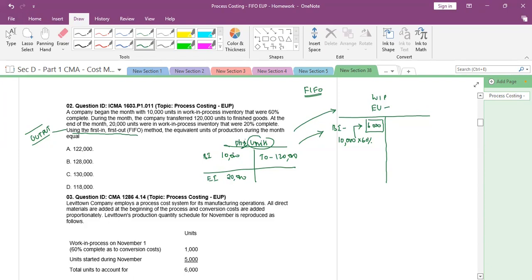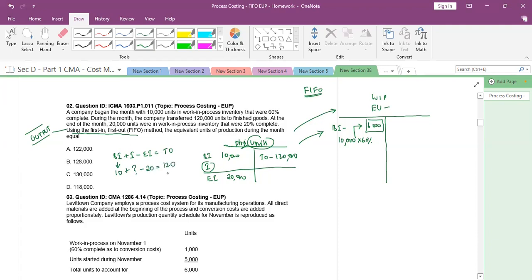So the point is what here? The question arises here. What is introduced during the process? How many number of units are introduced? We know that beginning inventory plus introduced minus ending inventory is equal to transferred units. Beginning unit is 10, right? Introduced we don't know. Ending inventory is 20, equal to transferred out 120.